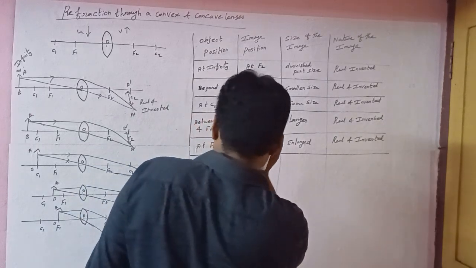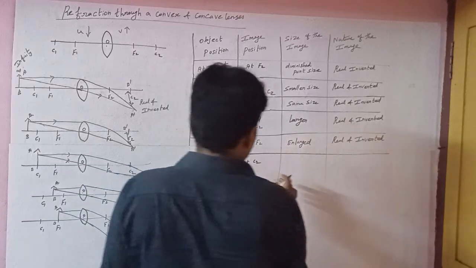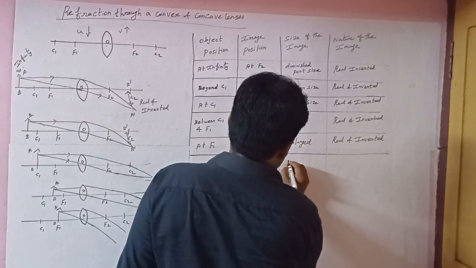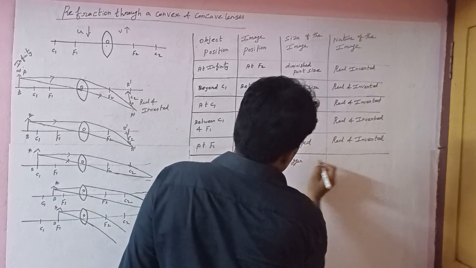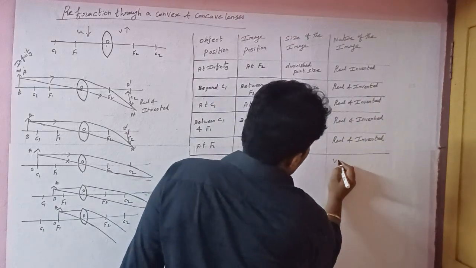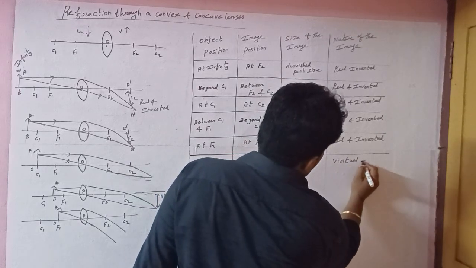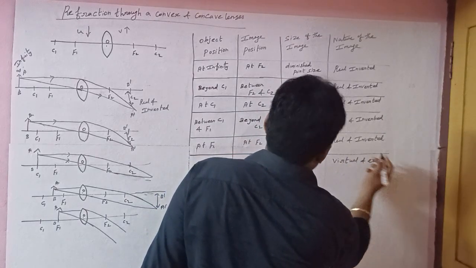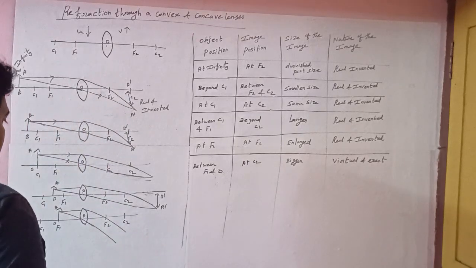The size of the image is much bigger than that of the object. The last final statement: the nature of the image is virtual and erect image.